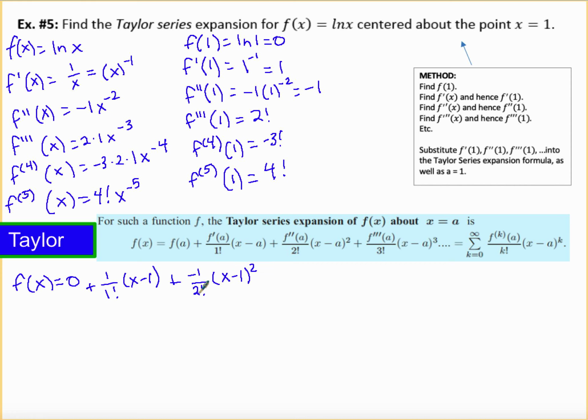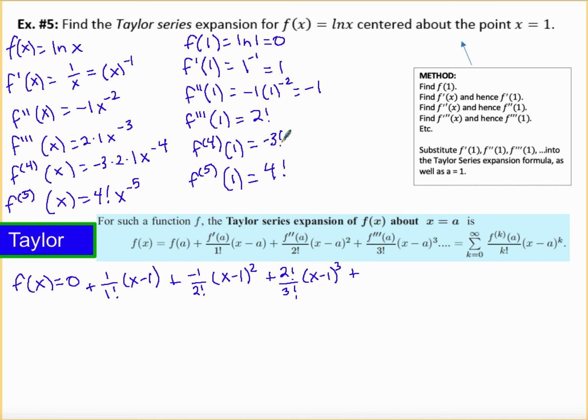Oh, look, the 2 and the 2, a pattern we can use to our advantage. Okay, third derivative was 2 factorial divided by 3 factorial times x minus a cubed. Plus, we're going to continue.